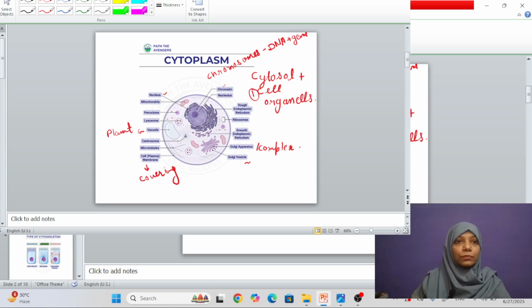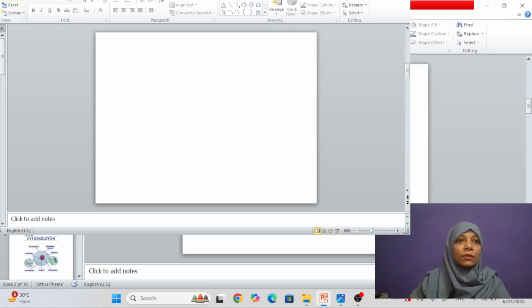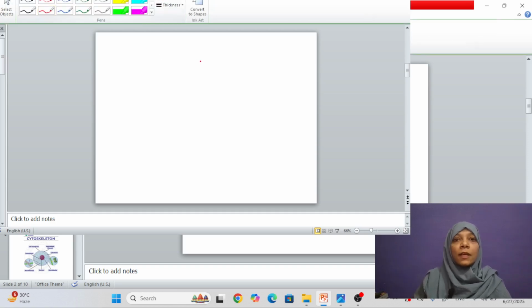Now let's understand this concept. If we draw the structure of the cell, there is a nucleus. The nucleus is a two-membrane structure: this is the inner membrane, and here is the outer membrane.